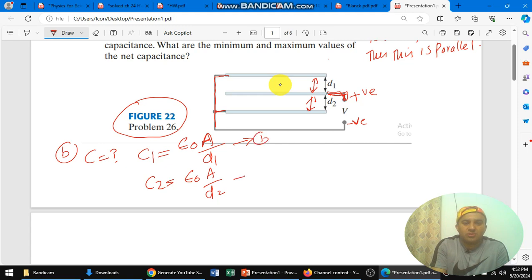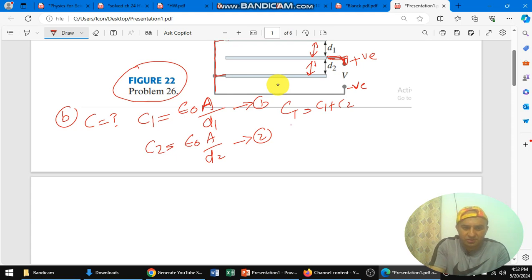Because these are parallel combinations, the total equivalent capacitance C total is equal to C1 plus C2. We add to get the total capacitance, because in a parallel combination the total capacitance is found by just adding the capacitances. C1 is epsilon naught A over D1 and C2 is epsilon naught A over D2.